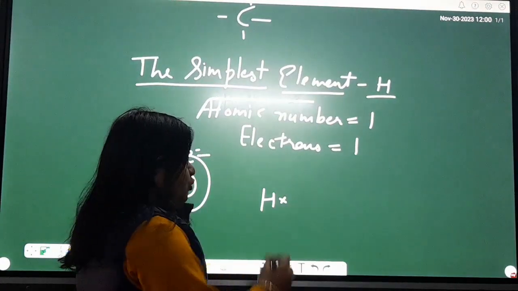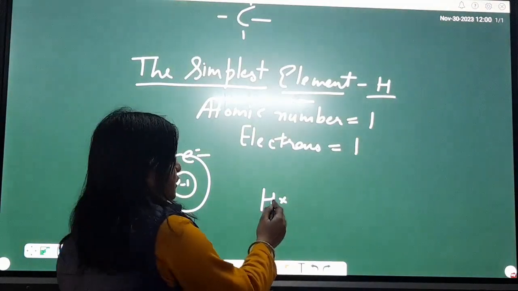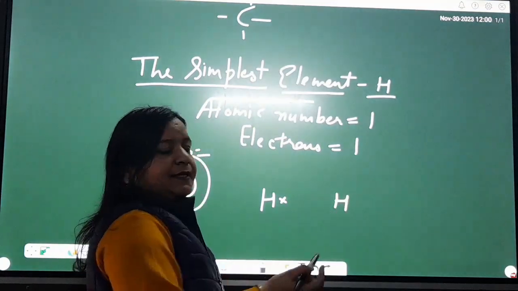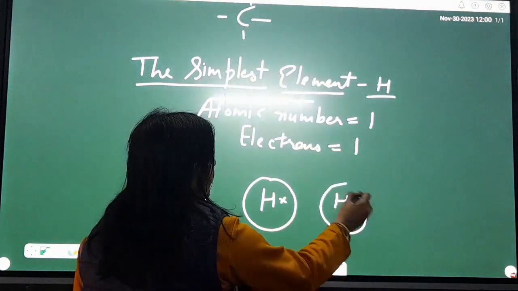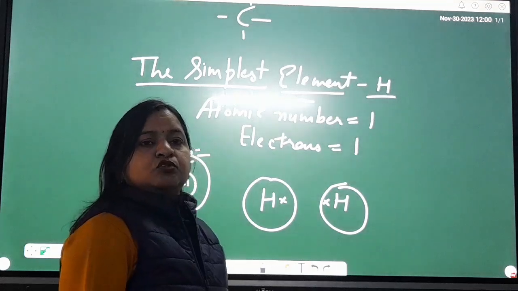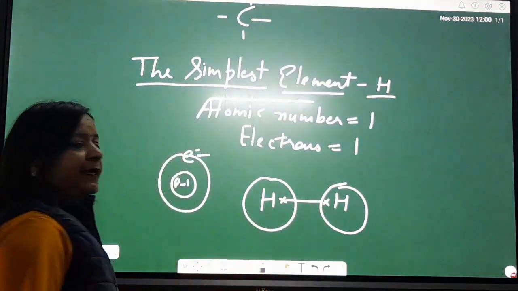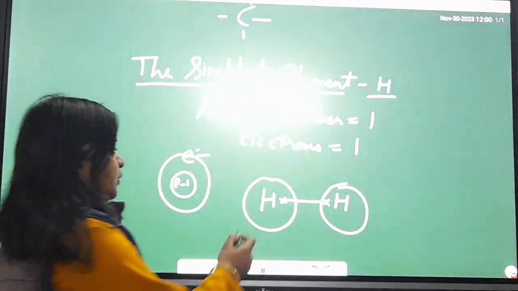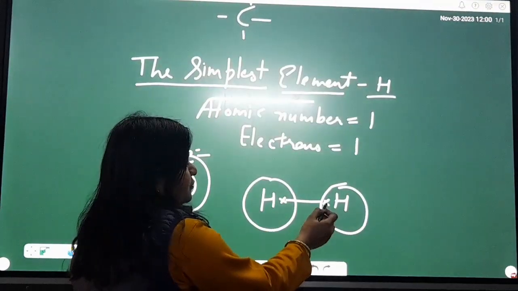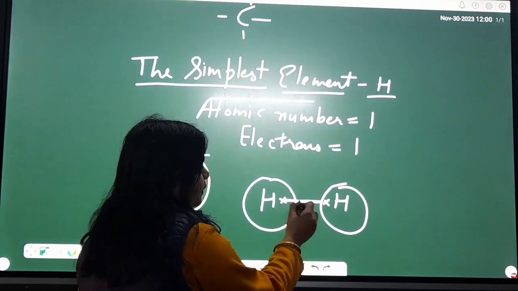Like I'm showing the electron of the hydrogen with the cross, and there is another atom of hydrogen having one electron. So these two hydrogen atoms show sharing. They do sharing of the one electron. One is sharing, one is sharing, and there is a bond formed between these two.